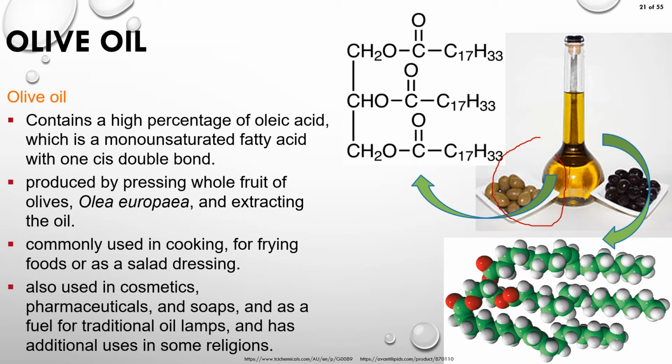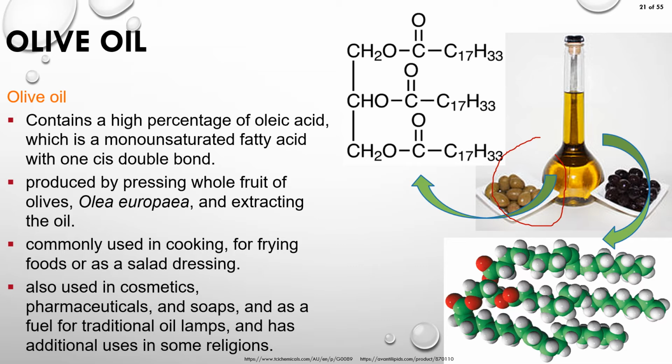Olive oil is the main fat source used within the Mediterranean countries, but is now becoming more popular throughout Europe, the USA, Japan, and Australia. But here in the Philippines, we prefer, or maybe because of the price, we use coconut oil, palm oil, sometimes canola oil.